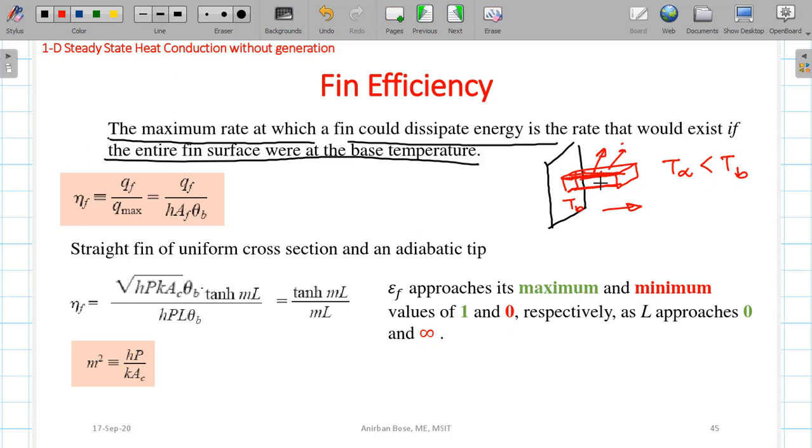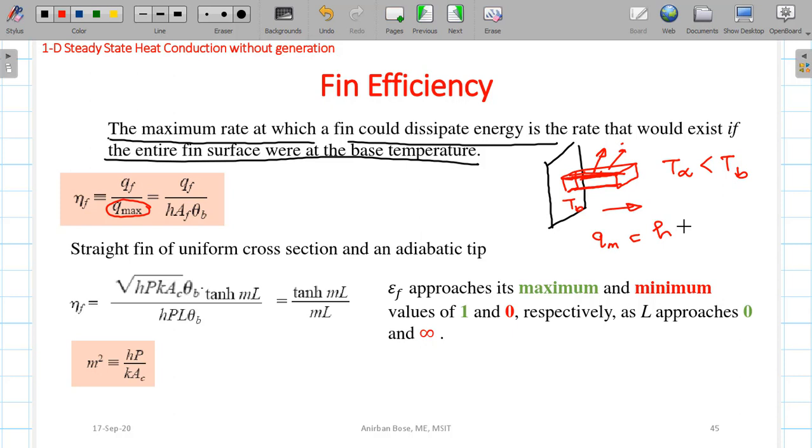So a fin can transfer maximum heat if the fin temperature throughout the length is the base temperature. What is the maximum heat transfer in that case?